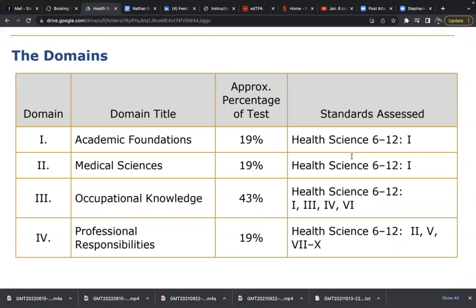Statistically speaking, it could come out in even more than that. So how important is it for you to understand standard 1 of your health science 6 through 12 document? It's very, very important. And so we're going to rewind just a little bit because it's worth so much. We're going to go back and look at standard 1 in the health science document.